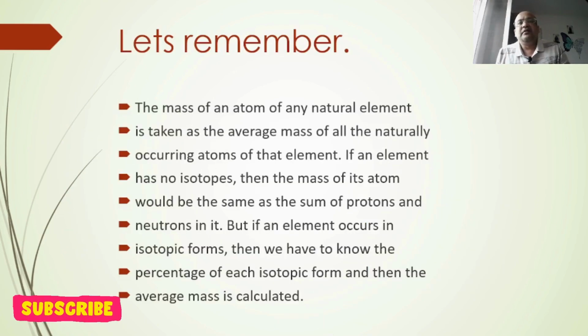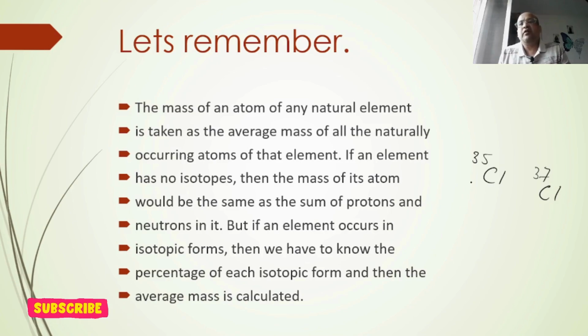Now let's remember that the mass of an atom of any natural element is taken as the average mass of all naturally occurring atoms of that element, right? If an element has no isotopes, then the mass of its atom would be the same as the sum of the protons and neutrons in it.